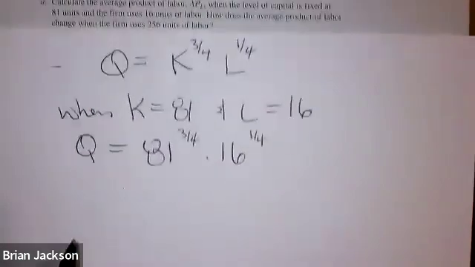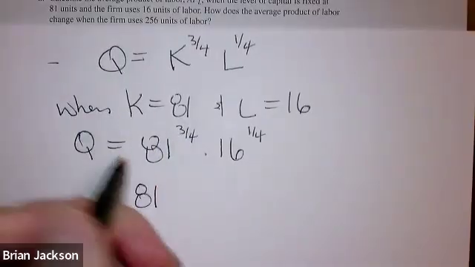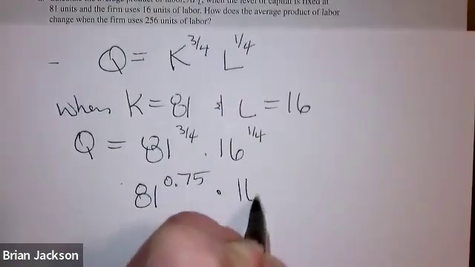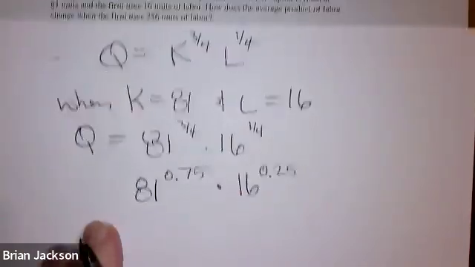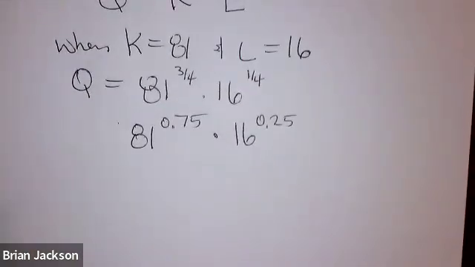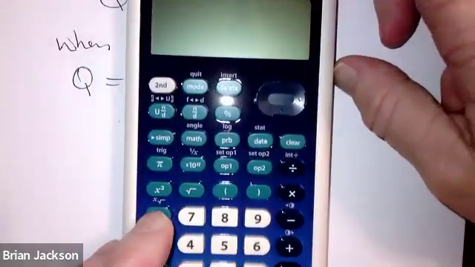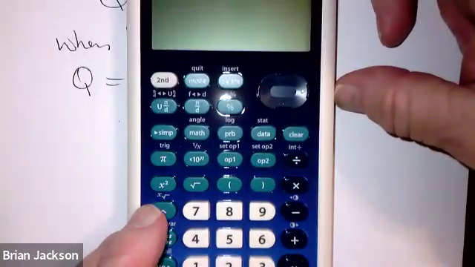So this is going to be 81 to the 3/4 power times 16 to the 1/4 power. Or you can use 0.75 and 0.25 as the exponents if you want. Most calculators will have a y to the x key or exponent key, like the one I have on my TI-34 calculator.